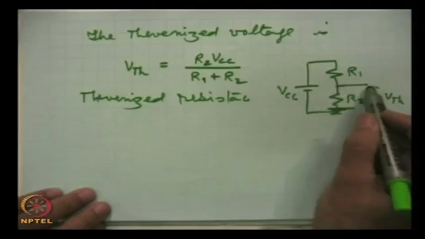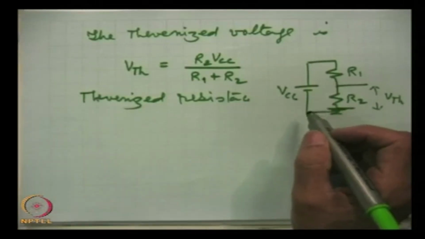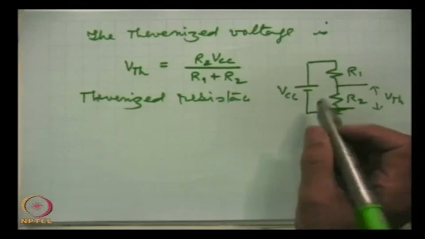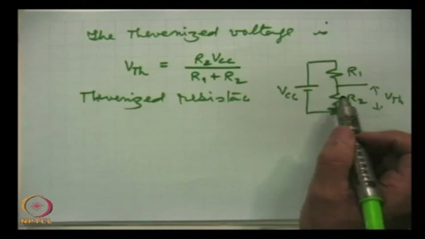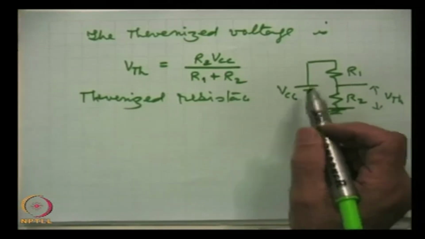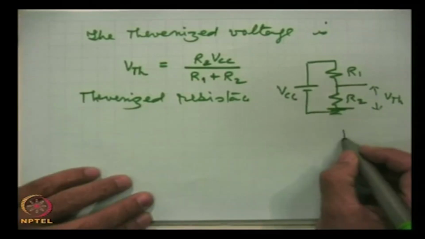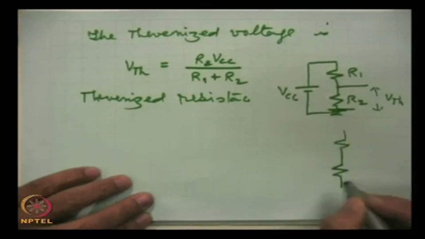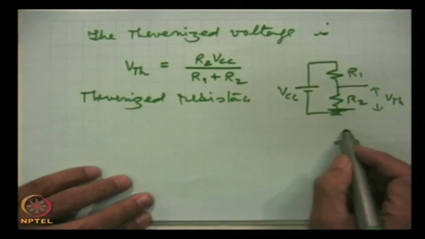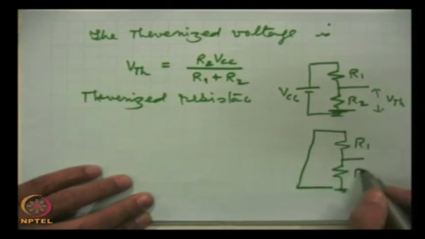Now the Theveninized resistance. For finding the resistance between these 2 points, as you must have studied in Thevenin's theorem, to calculate the equivalent resistance we have to ground the DC voltage sources. So, this is grounded, and our circuit becomes this. This becomes the circuit R1 and R2.